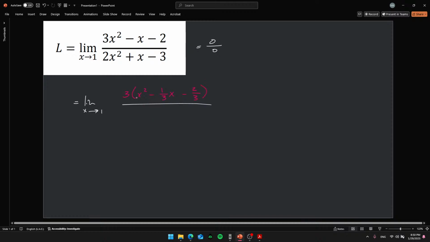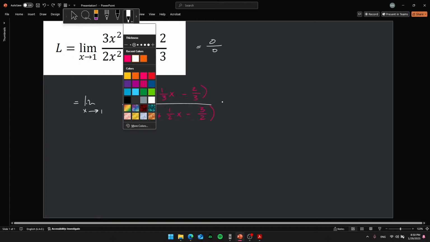Yep. So if you distribute the 3, you'll get this numerator, 3x squared. And same for the denominator, you have to factor the 2 out: x squared plus 1/2x minus 3/2. Okay. Then put this into your calculator.